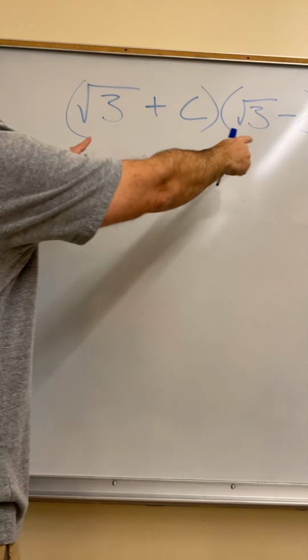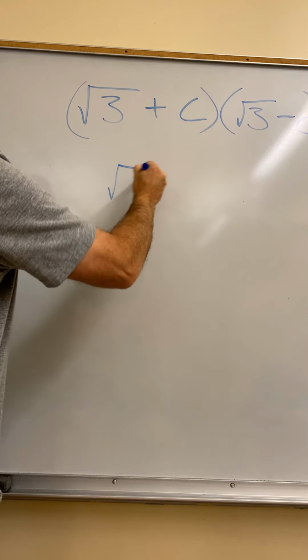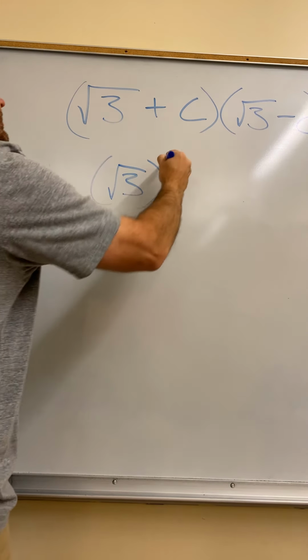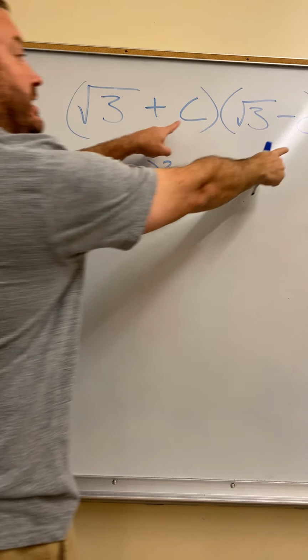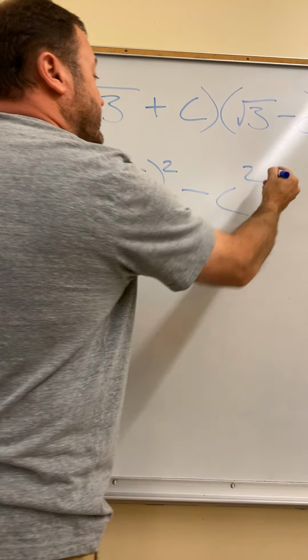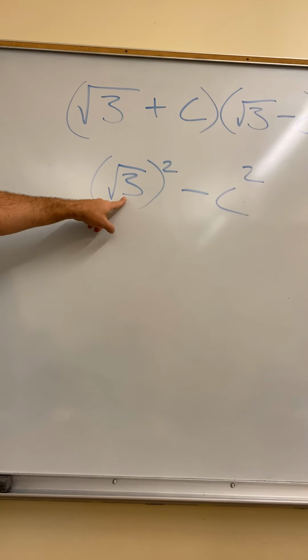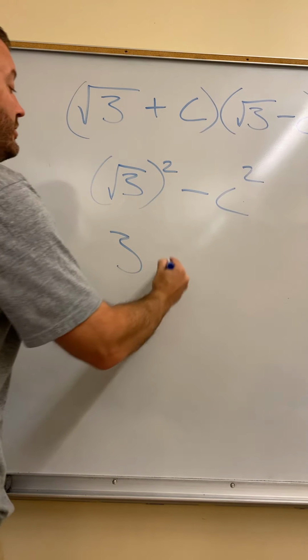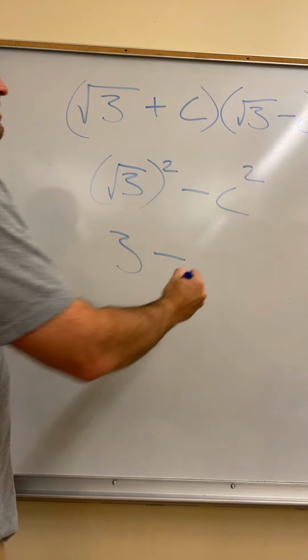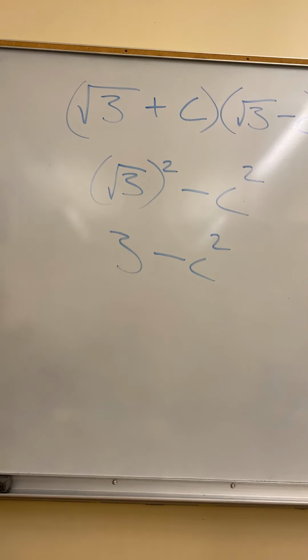So all you're going to do is write down what the first term is, square root of 3, and you're going to square it, put your minus sign, and then you're going to take what your last term is, and you're going to square it. What is 3 times 3? It's 9, and the square root of 9 is 3. And then c squared is just going to stay c squared.